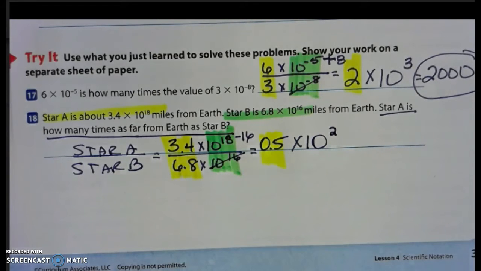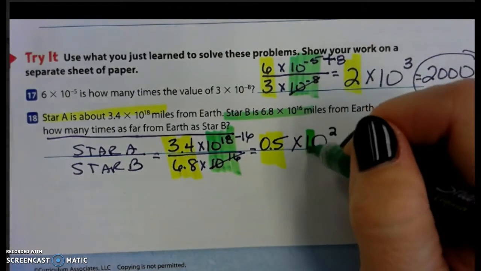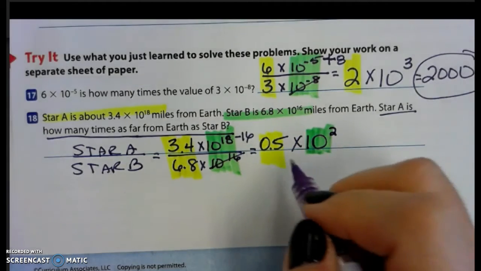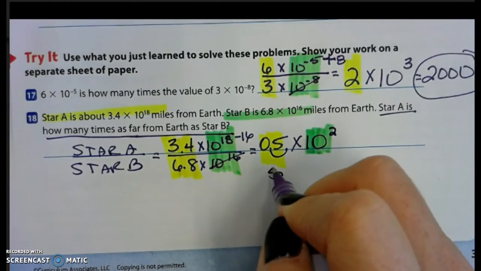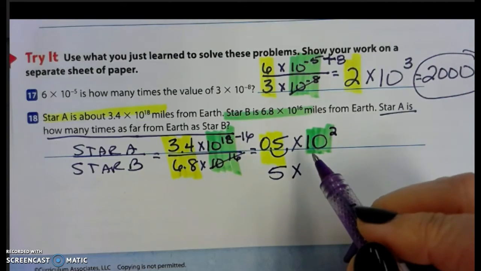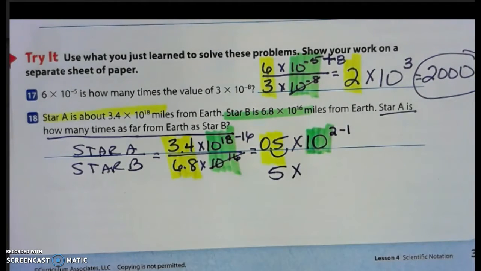Now when I look at this number, the first thing I notice is that the 0.5 is not big enough. Okay, that is too small. I could not leave this as the answer in scientific notation. I would have to move that decimal. I would move it one place to make it 5. And since that made it one place value smaller, it would subtract, and it would give me 10 to the 1.